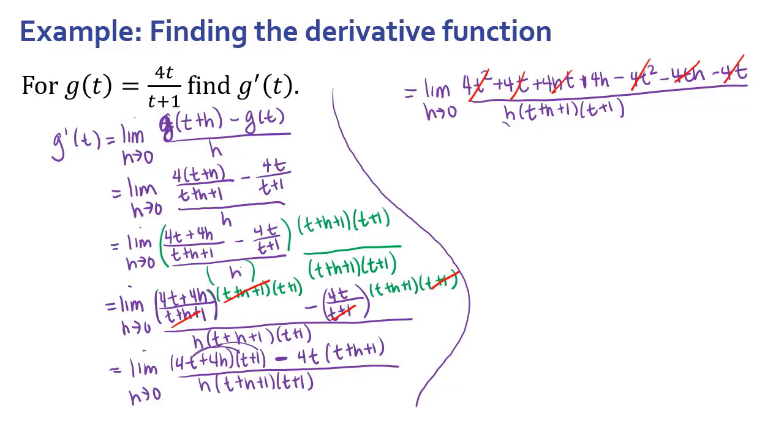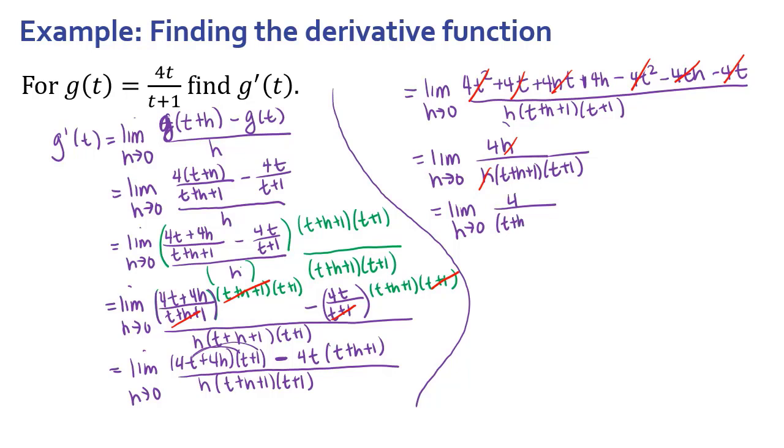And I'm just left with 4h in that numerator. So 4h over h times t plus h plus 1 times t plus 1. Those h's are going to cancel out, and I've got the limit as h approaches 0 of 4 over t plus h plus 1 times t plus 1.